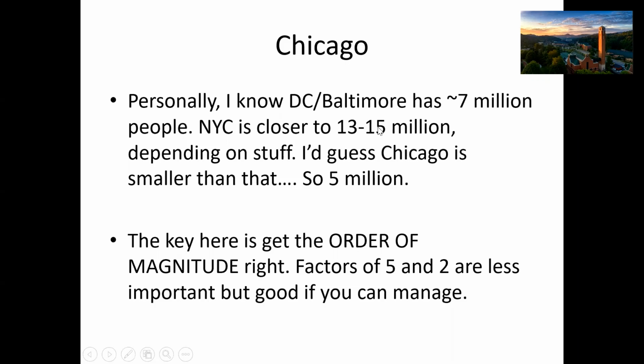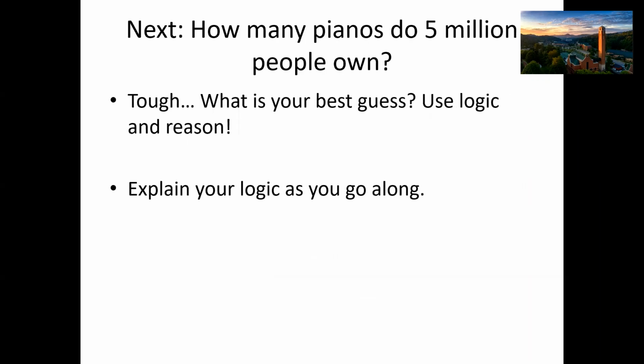New York City is like 15 million. DC, Baltimore is like 7 or 8 million. So Chicago is a little bit smaller than those cities. So that's 5 million. So order of magnitude, we have, on the order of a million. So how many pianos do 5 million people own?